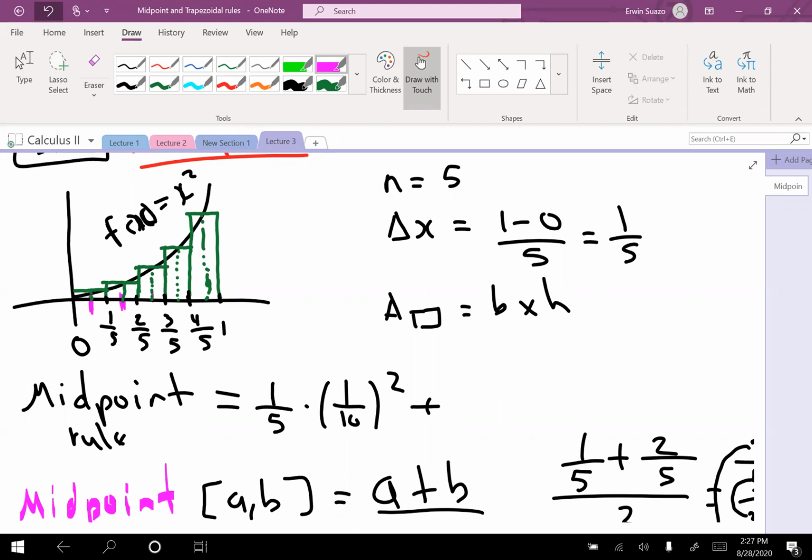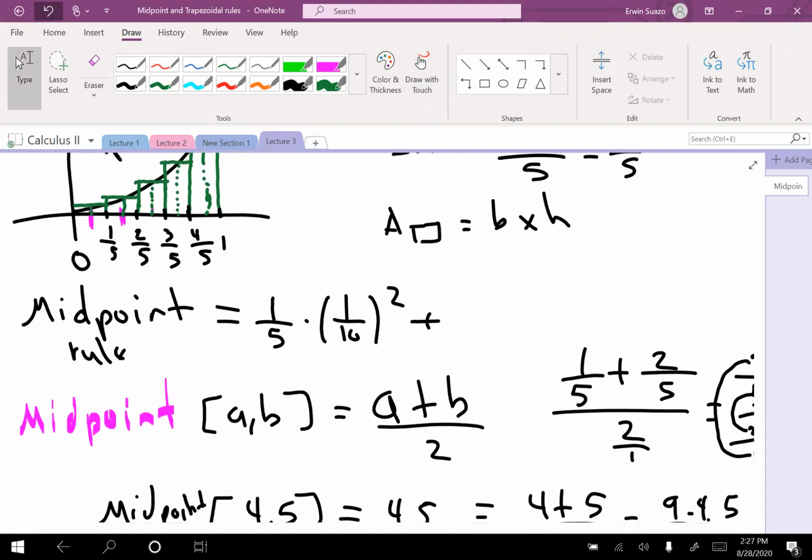Well, anyway, let's start writing our formula of midpoint. So I got 1/5 times the midpoint squared, plus 1/5 times the midpoint squared of the second rectangle. We said that was 1/10, 2/10, 3/10, right?